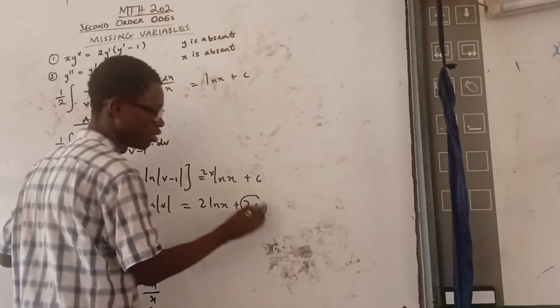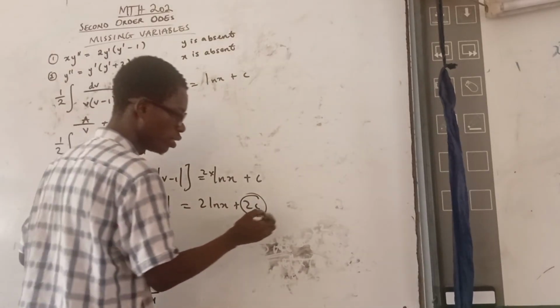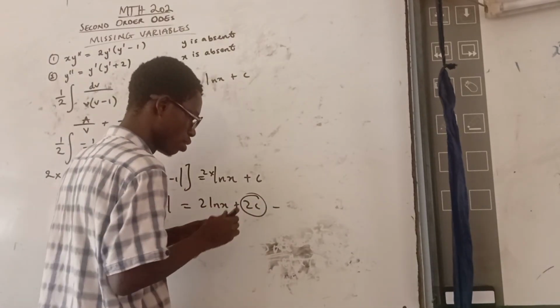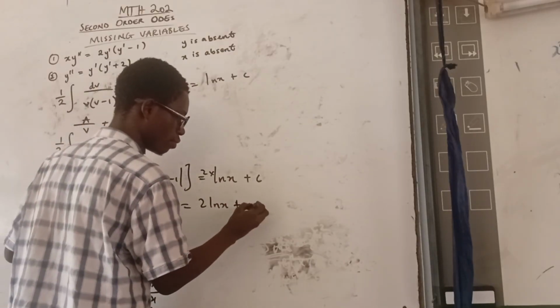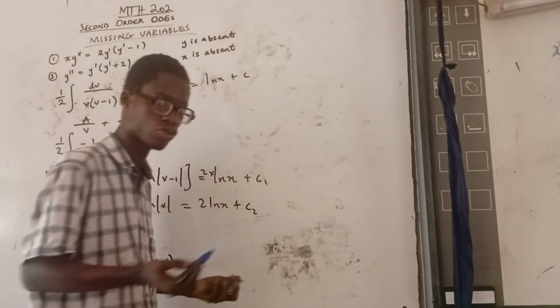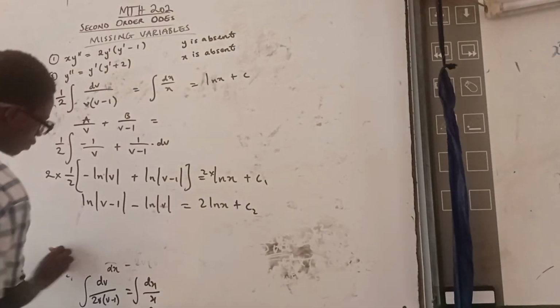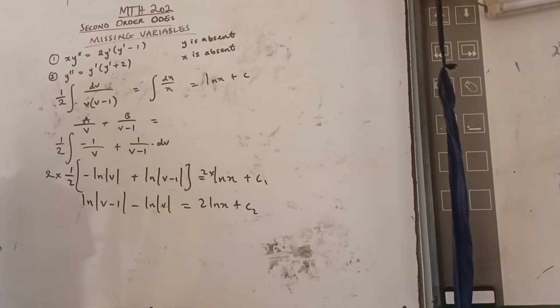Now, since c is an arbitrary constant, 2c can also be written as c, which does not matter actually.